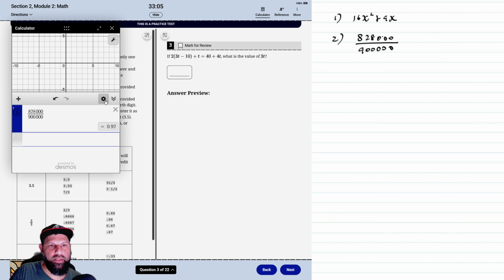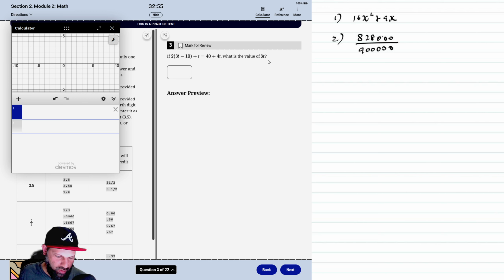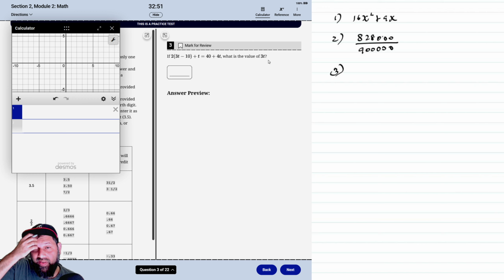All right. The next problem, 3, is 2 times (3t minus 10) plus t is going to be equal to 40 plus 4t. What is the value of 3t? Okay, let's solve this. Again, we need to find the value of 3t. So it's not necessarily to find the value of t if you can make the whole equation equal to 3t.